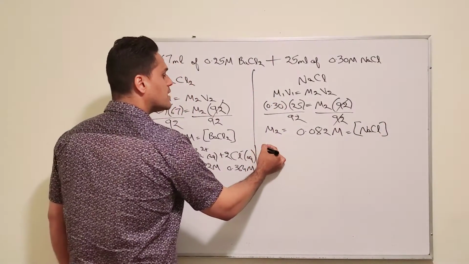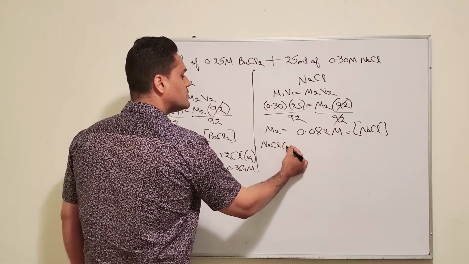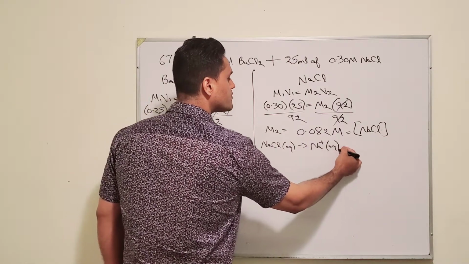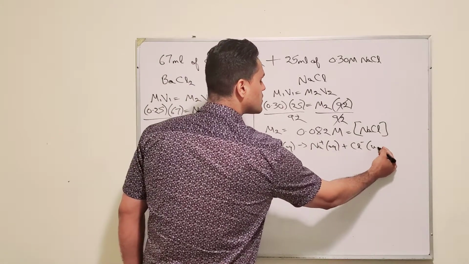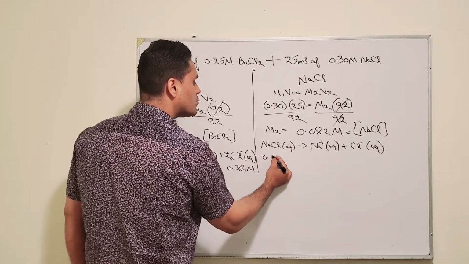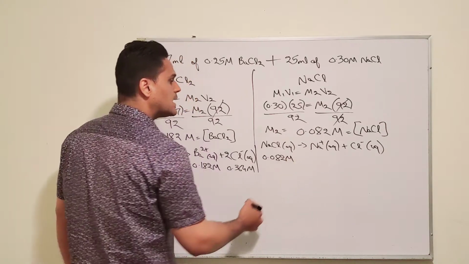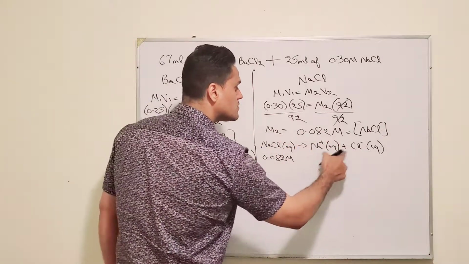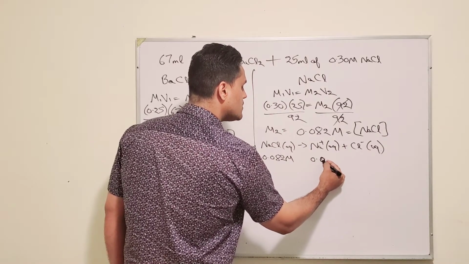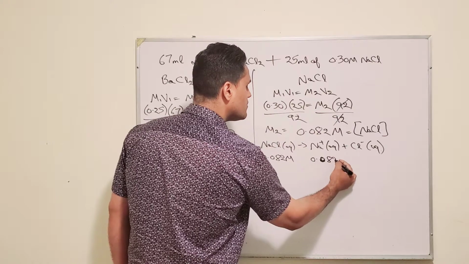Now we're going to take our NaCl and break it up into its ions. It's going to give me Na+ aqueous plus Cl- aqueous. Now what was my concentration for NaCl, folks? It was 0.082 molar. Now these are all 1-to-1, so both of these concentrations are going to be the same. So these are just going to be exactly the same, 0.082.